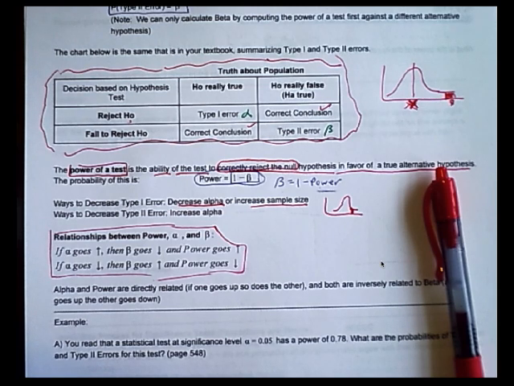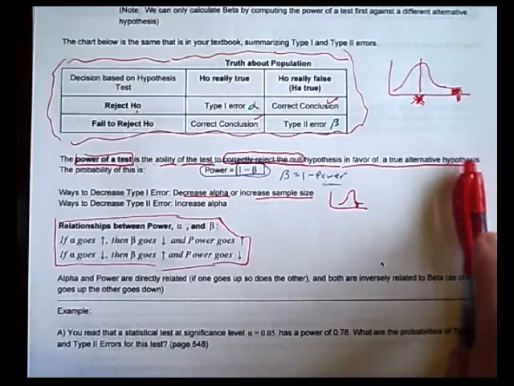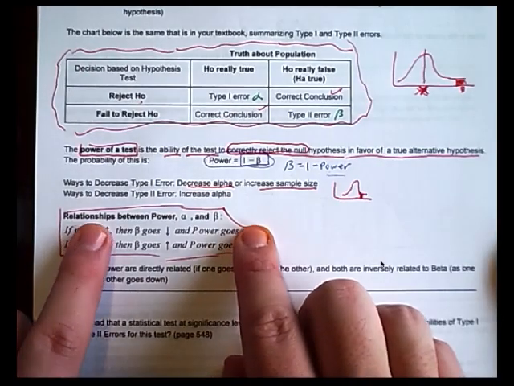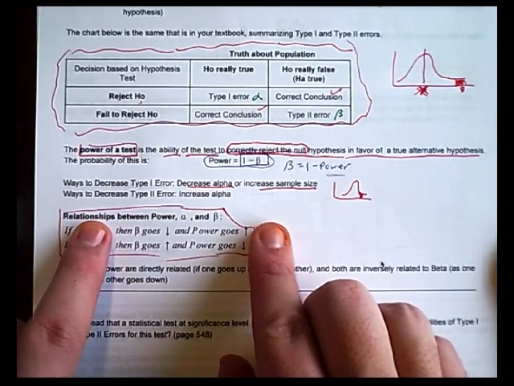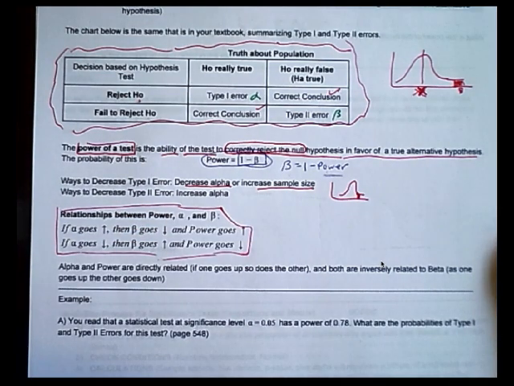Which one do you think is more serious and why? So you have to be able to logic your way through what the errors would be in that situation, and which one you think is more serious. Again, alpha and power are directly related, they go in the same direction. Beta is negatively or inversely correlated to those other two.